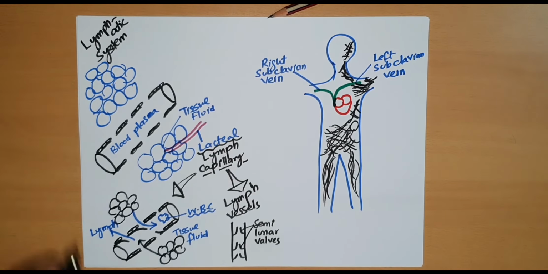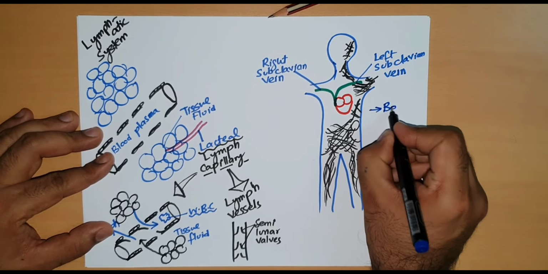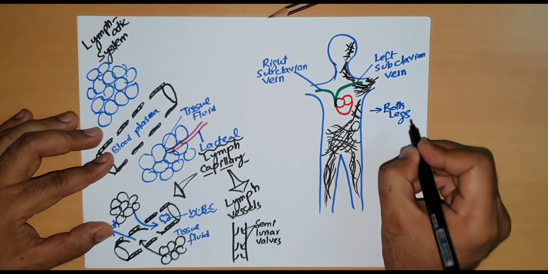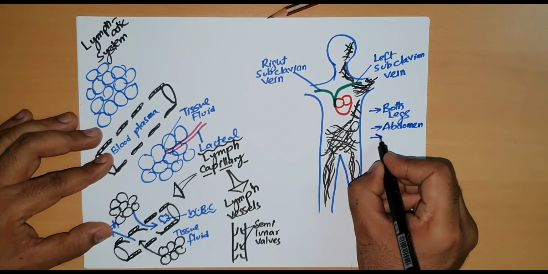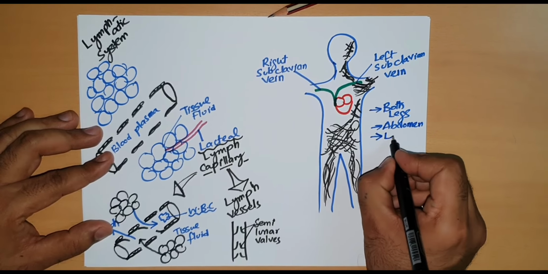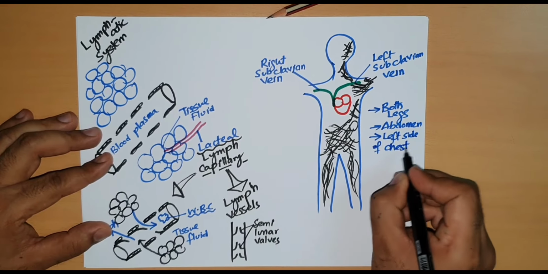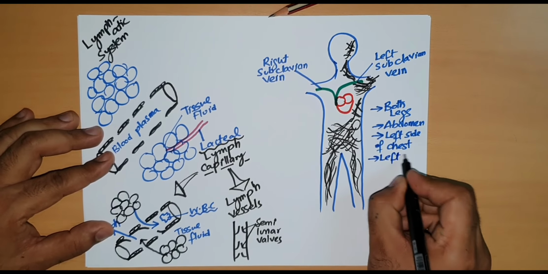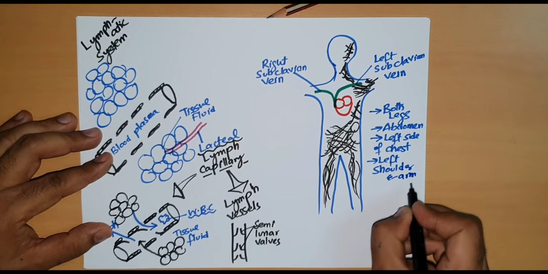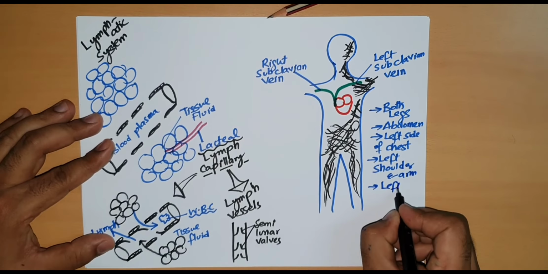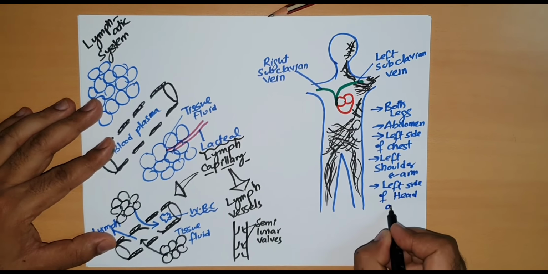Let me mention on this side: both legs, abdomen, left side of chest, left shoulder and left arm, then left side of head and neck.